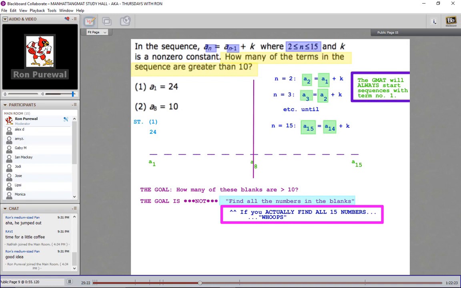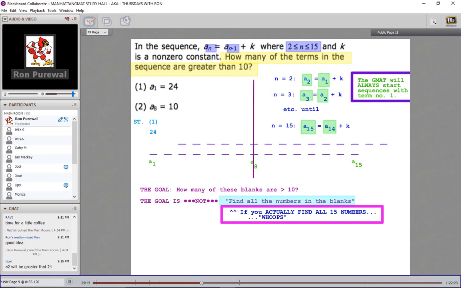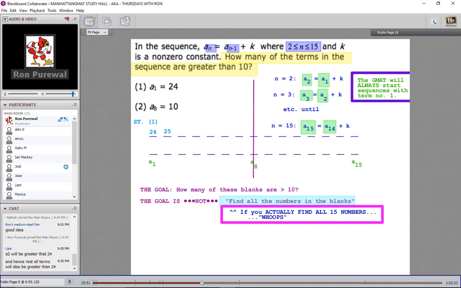What's probably the first way that comes to mind to make a sequence starting with 24? The first thing that comes to mind is probably something like 24, 25, 26. Just counting up by 1, right?